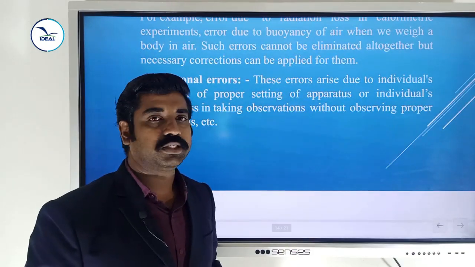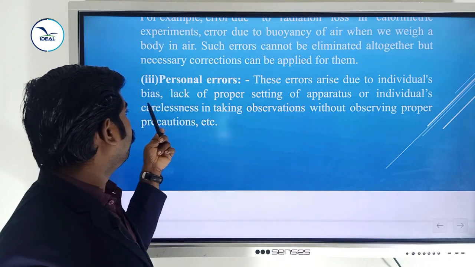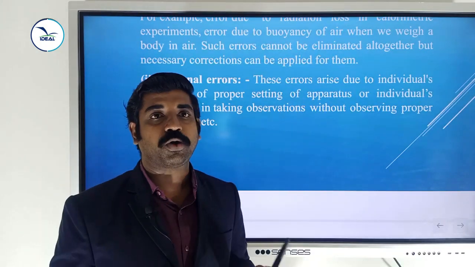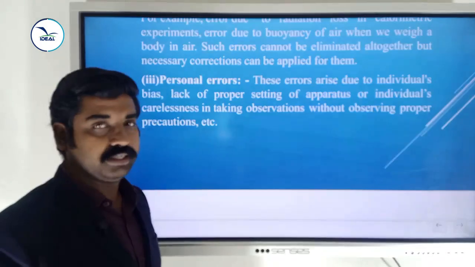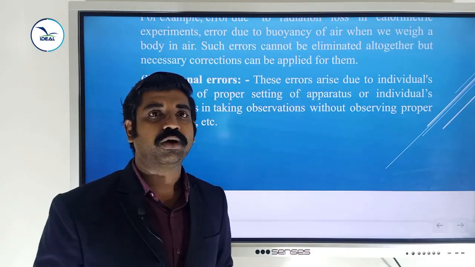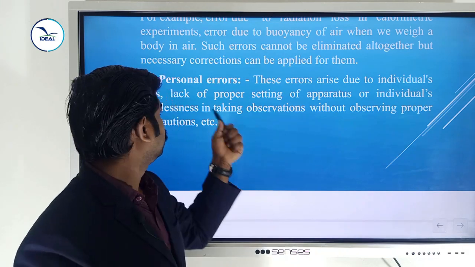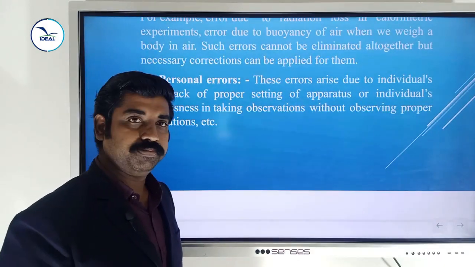This error arises due to the individual's bias, lack of proper settings of the apparatus, or individual's carelessness. So this is based on an individual. That is the personal error.